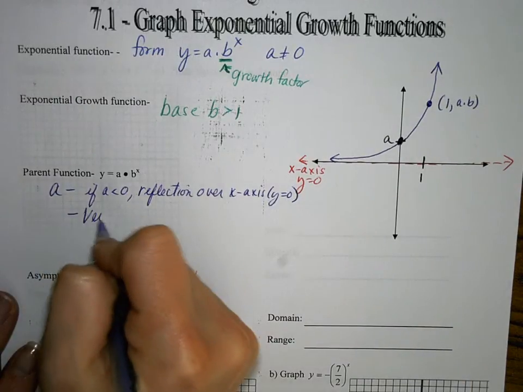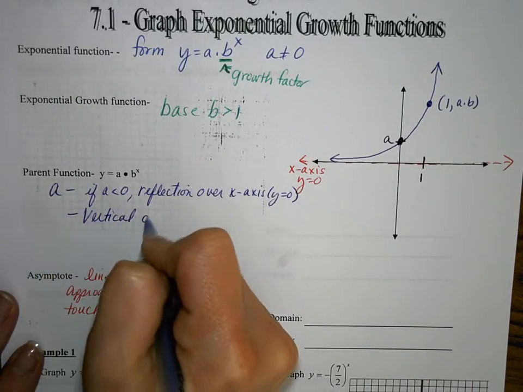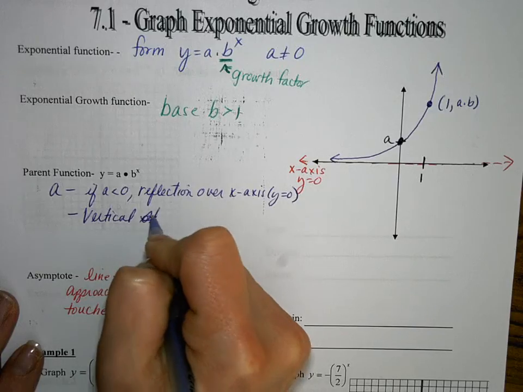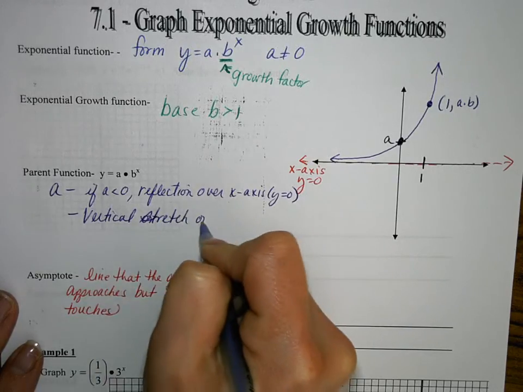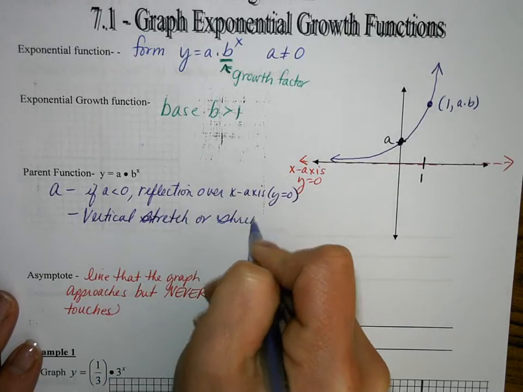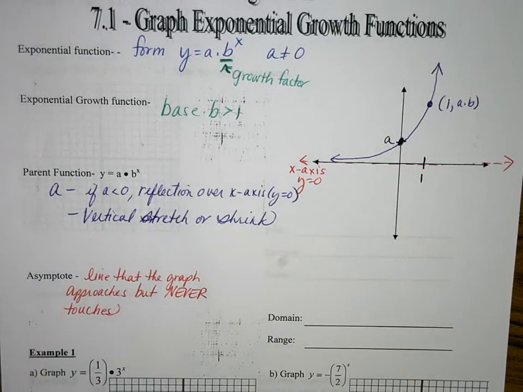There is a vertical stretch or shrink. That a value tells me how tall or how short my graph is going to be, how fast it gets taller or how fast it gets shorter. Okay, now on my parent function, where is my y-intercept?